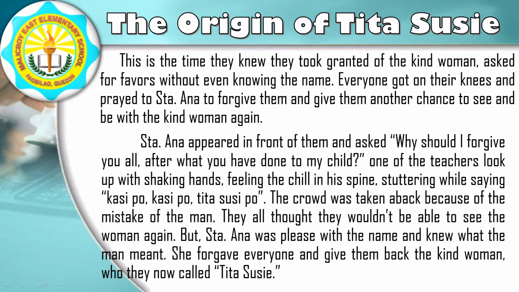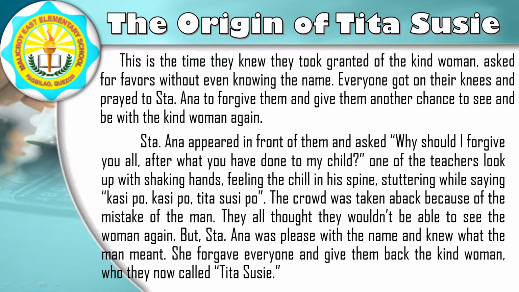The crowd was taken aback because of the mistake of the man. They all thought they wouldn't be able to see the woman again. But Santa Ana was pleased with the name and knew what the man meant. She forgave everyone and gave them back the kind woman who they now called Tita Susie.